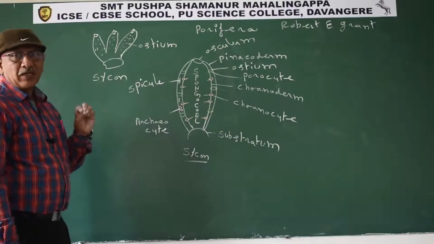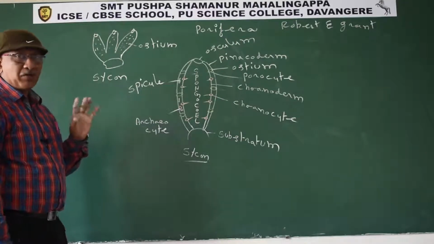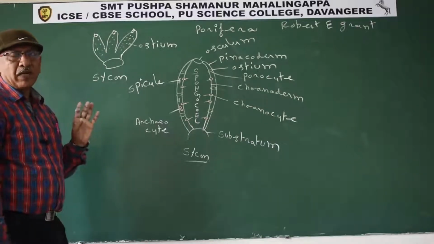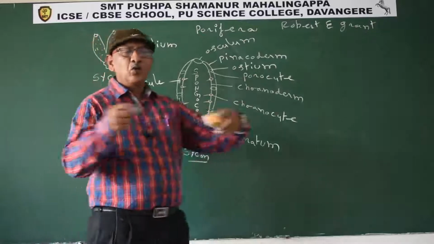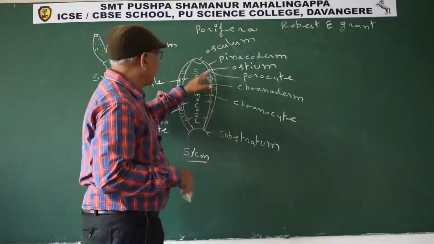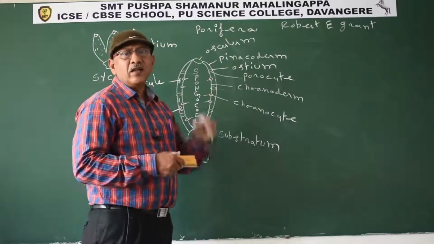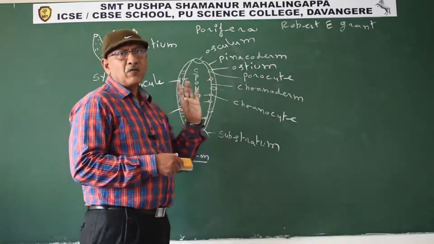Several cells are present in the body, of several types. Each type of cell performs a particular function. The cells are loosely arranged, here one cell, here another cell. That's why tissues are not formed.